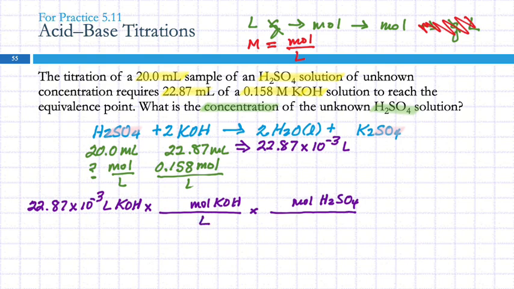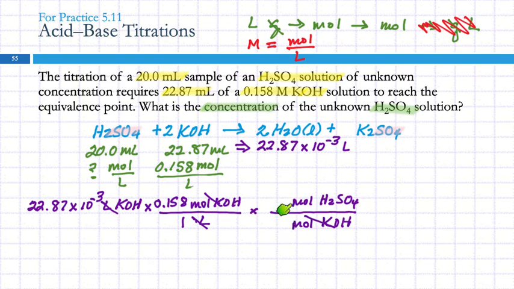So I'm going to bring liters down here to cancel out. I'm going to bring moles of KOH down here to cancel out. Dimensional analysis once again. The moles per liter for KOH is right here. 0.158 moles per each liter of KOH.